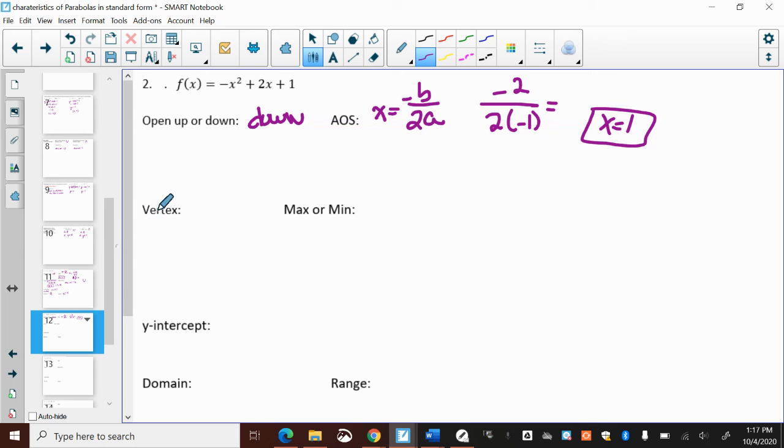To find the vertex, we're going to plug 1 back into this original equation. So y, or f of x, is going to be minus 1 squared plus 2 times 1 plus 1.